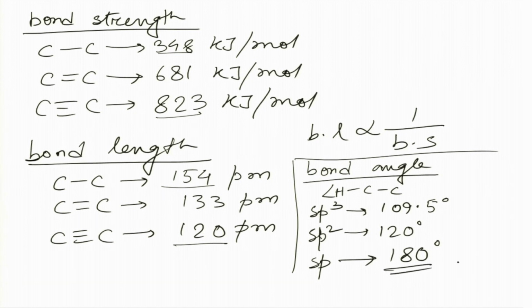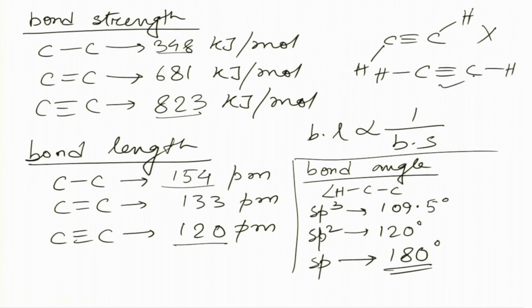Due to this angle of 180 degree, we will never write the alkynes like this. Okay? This is wrong. The alkynes will have to be written in a straight line. Okay? This is the right form, since the bond angle is 180 degree.